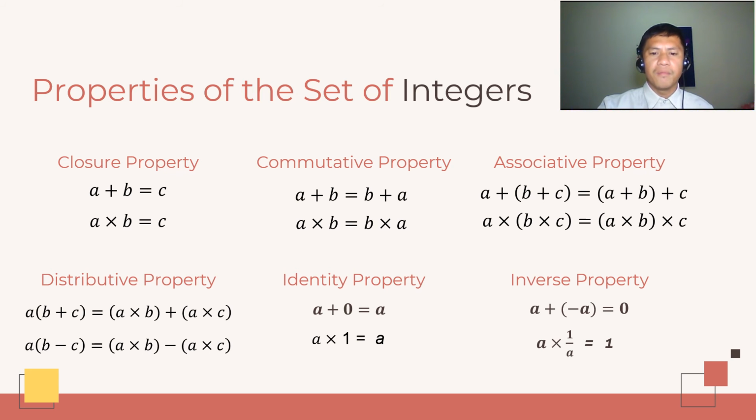And identity property for multiplication says that when 1 is multiplied to a number, then the result is the number itself. And for inverse property for addition, it says that when any number is added to its opposite, the result is 0. The same way with the multiplicative inverse. Any number multiplied with its reciprocal, the result is 1.